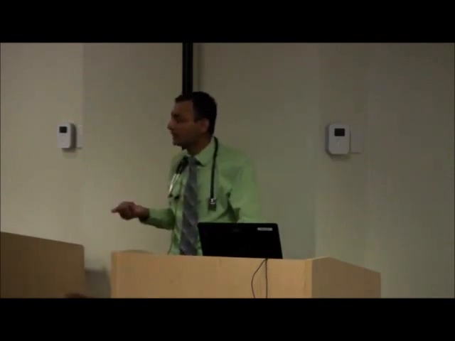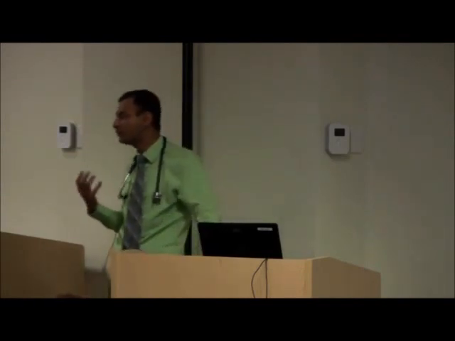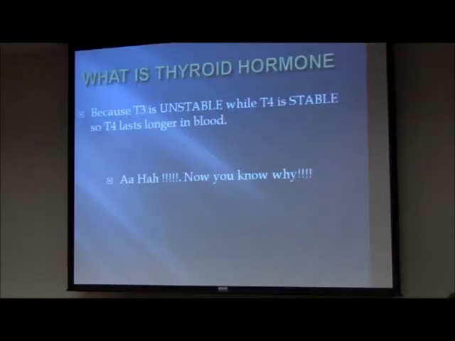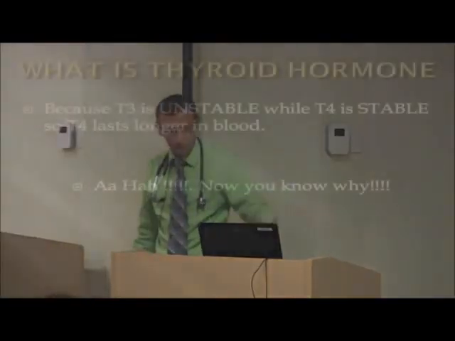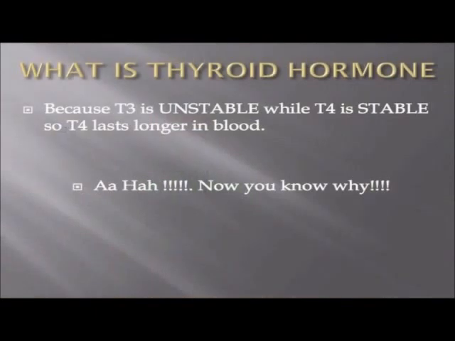That's why the thyroid needs to produce something more stable, which can circulate in the blood, rather than something that gets degraded by the time it reaches from the heart to somewhere in the liver. So now you know why it has to be so complicated. Unfortunately, that complication also boils down to how we treat the patients.